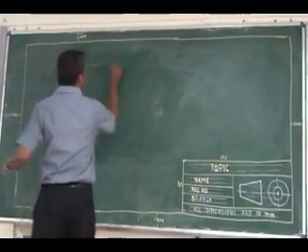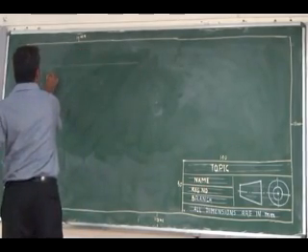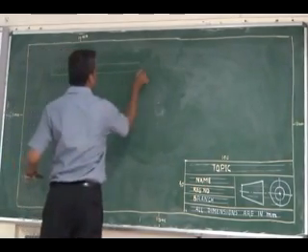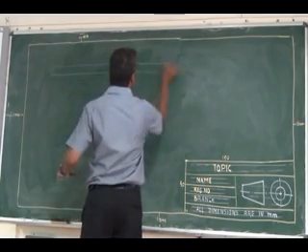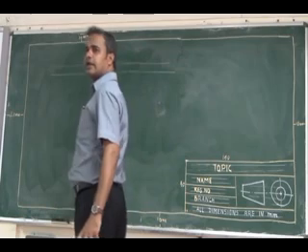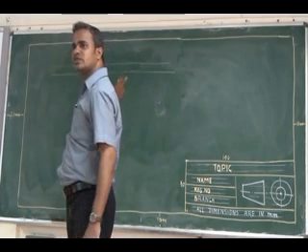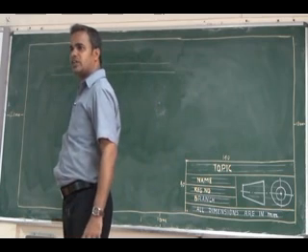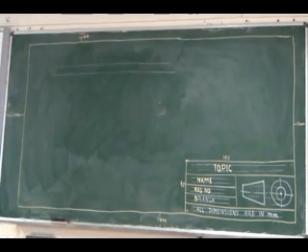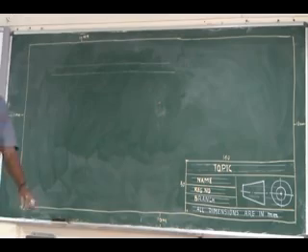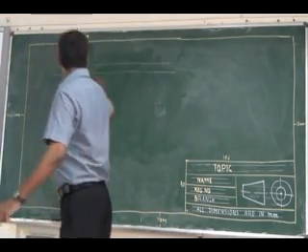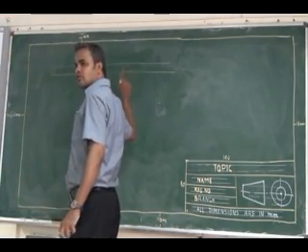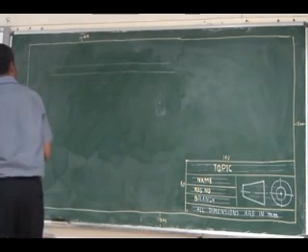Keep 5 mm height. Two parallel lines, light lines. You have to use a 2H pencil. The 2H pencil is the lightest pencil used for construction purposes, to draw light lines. It should not be visible in your drawing sheet again and again.